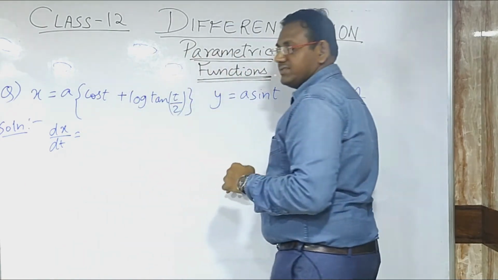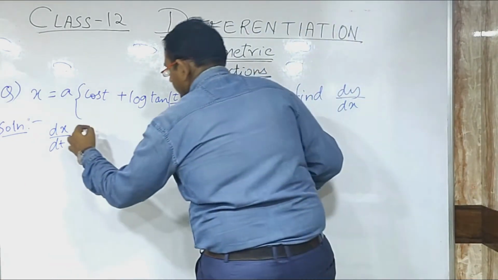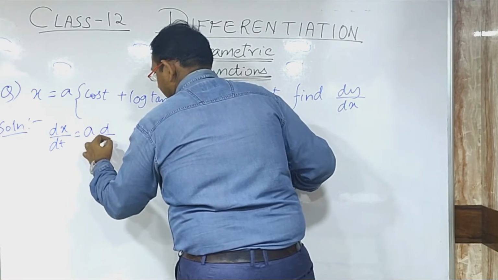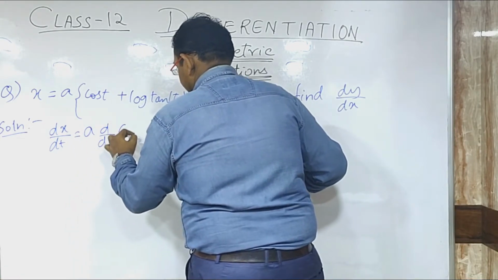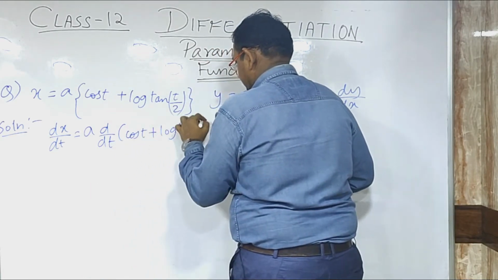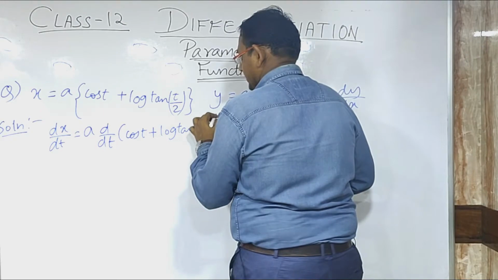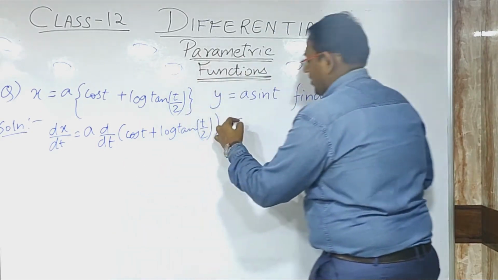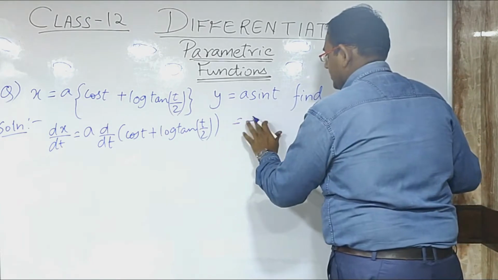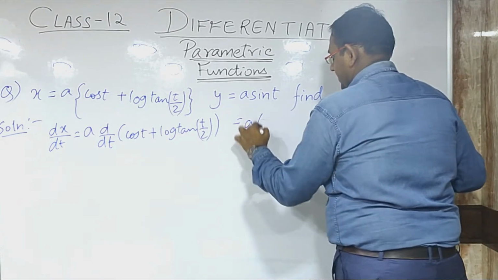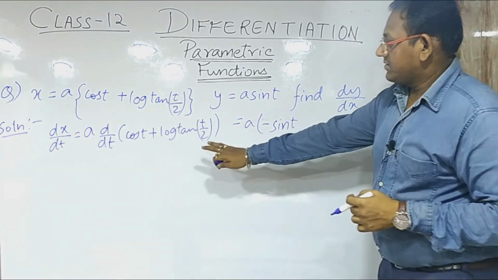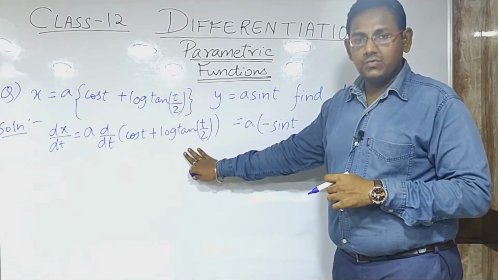Now if we differentiate x with respect to t, a will remain outside and we are differentiating the entire portion, cos t plus log tan t by 2. For cos t, we already know that the differentiation of cos t gives minus sin t, and the differentiation of log x gives 1 by x.